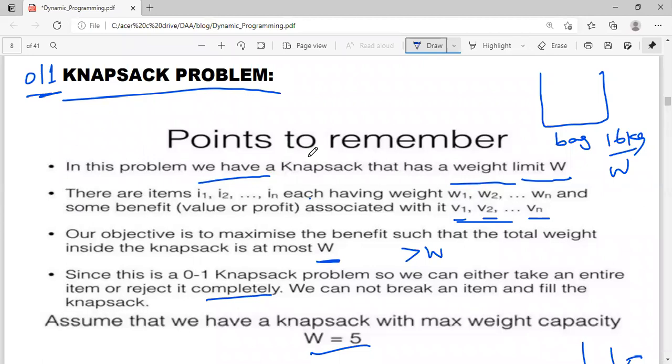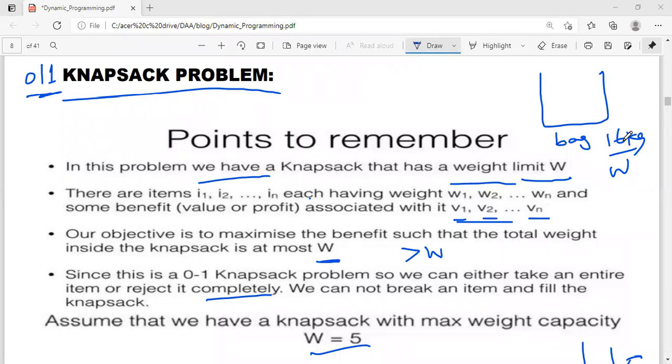In the greedy method, we need to fill the bag completely. If the bag capacity is 8, we need to add 8 kg, even if we have to take a fractional amount.